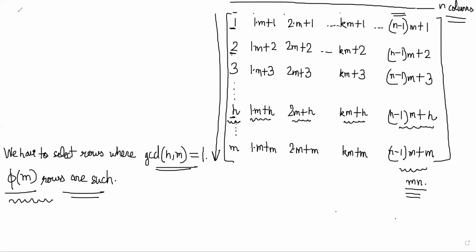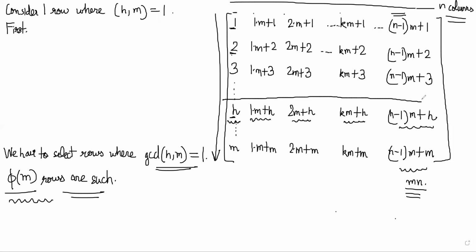So that is what we want to prove. Now let's consider one row where gcd of h and m is 1, so that is a row which is possible. This is one of those rows.